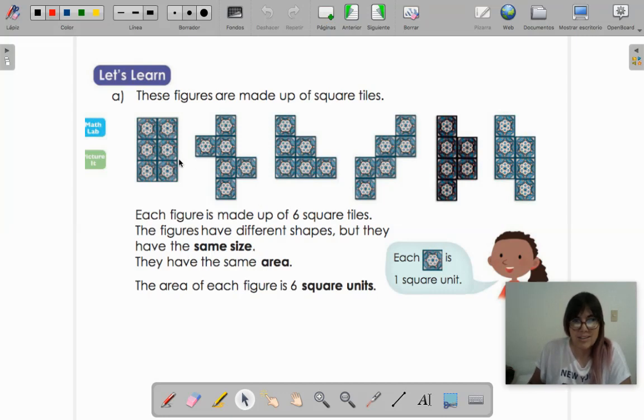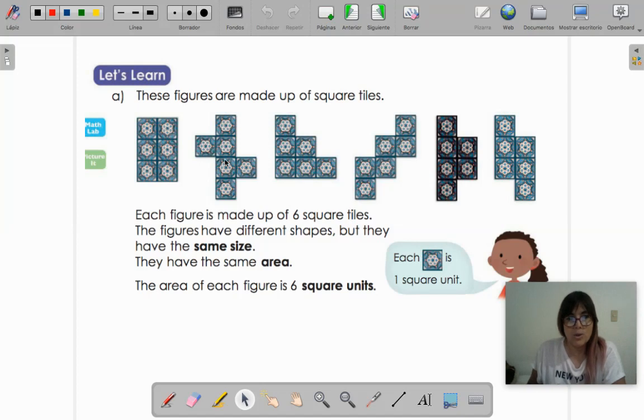If you see, this shape is different, this shape is different, and this shape is different. But all of them have the same area. That's important. Why? Because remember, the area are the square units. Let's count so you can see that it's true. No microphones, but count with me. 1, 2, 3, 4, 5, 6.